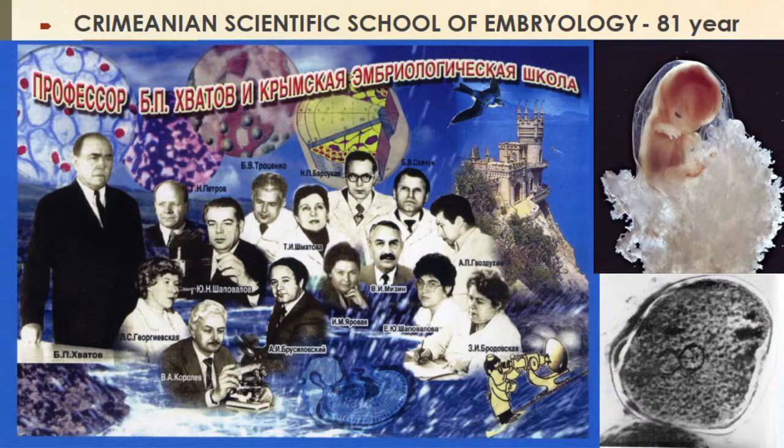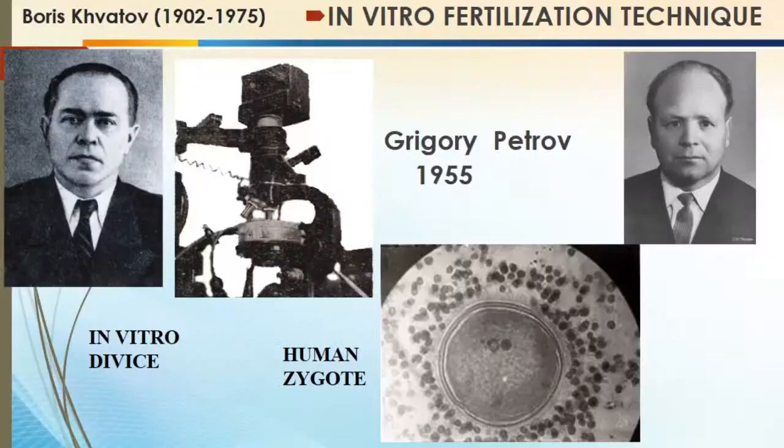So all these people provided long embryological investigations and described all stages of human development, from the early stages, the 17 days of development, when the embryo is named Crimea, up to the methods of in vitro fertilization technique. The in vitro fertilization technique was proposed by the famous Professor Boris Khvatov.